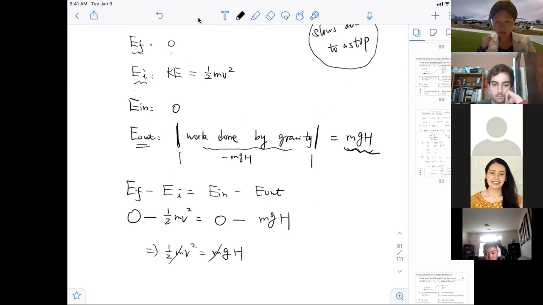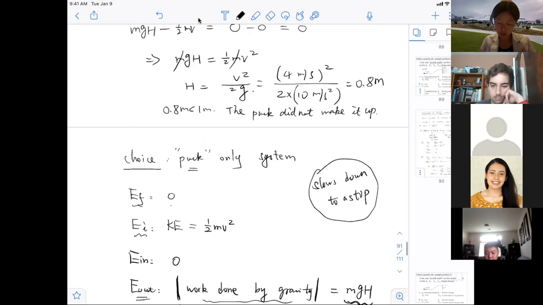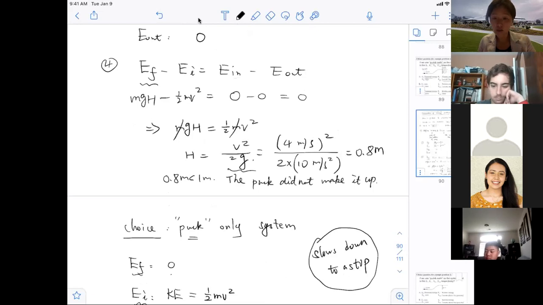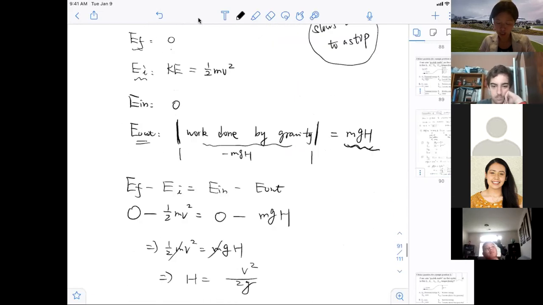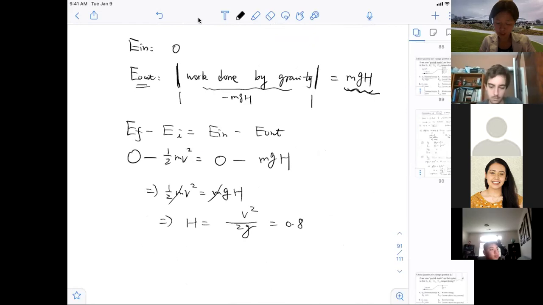You can also cancel the mass. Mass actually doesn't matter here. The highest point you can go is v squared over 2g, just like the one we got before, which is 80 centimeters. It can go up 80 centimeters, 0.8 meters, which is less than 1 meter. So it cannot make it to the right.